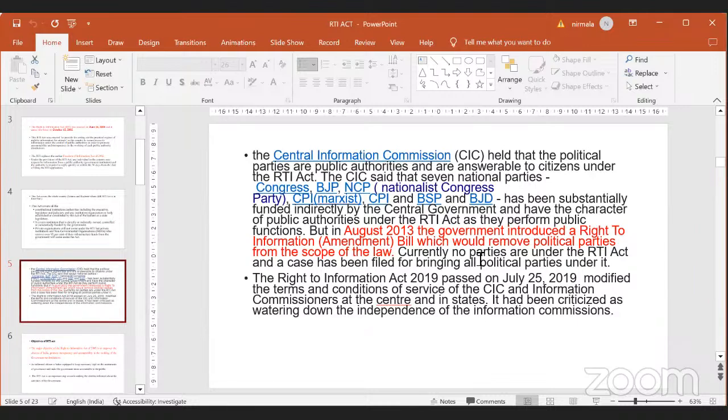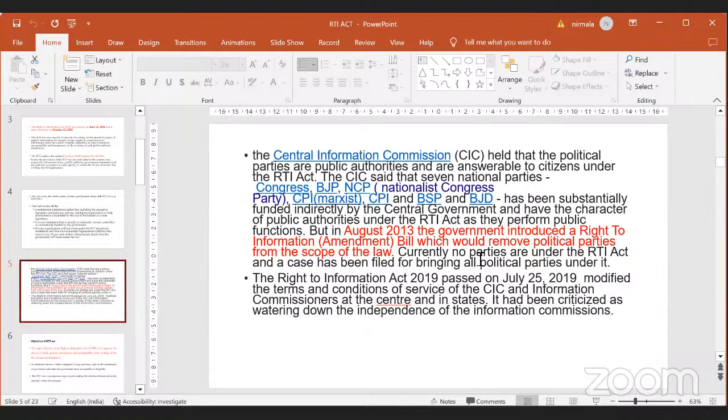So the Central Information Commission made an order saying that these 7 political parties also should fall under the Right to Information Act because they are discharging public functions and also they receive substantial funding from the government. But in August 2013, the government introduced a Right to Information amendment bill that would remove the political parties from the scope of the Right to Information Act. So the bill is still pending, but at present, no political party is under the purview of the Right to Information Act.